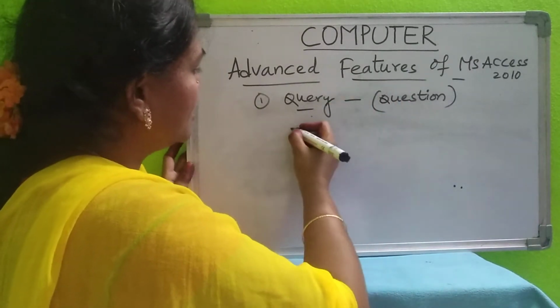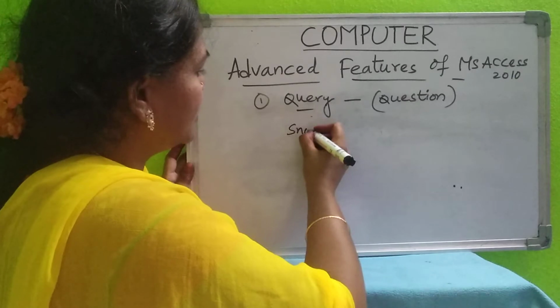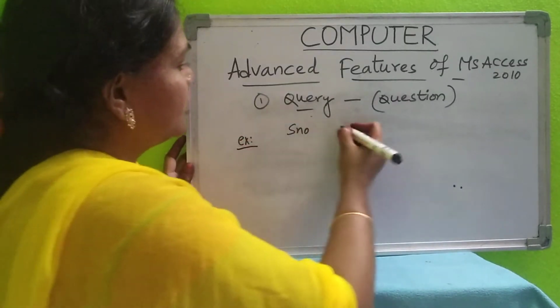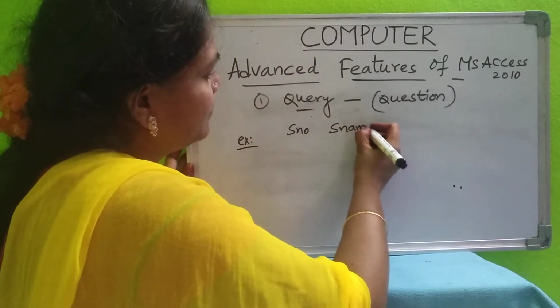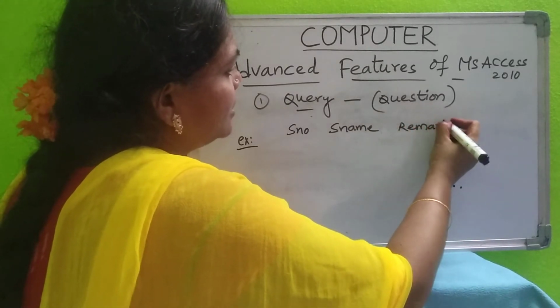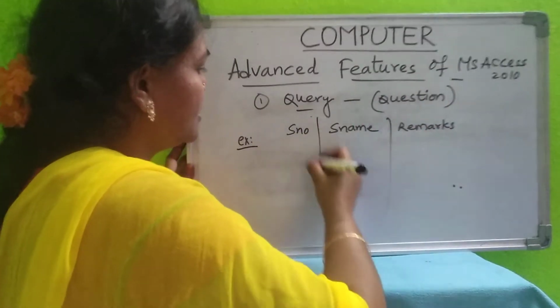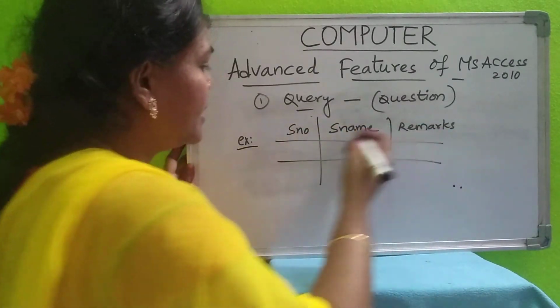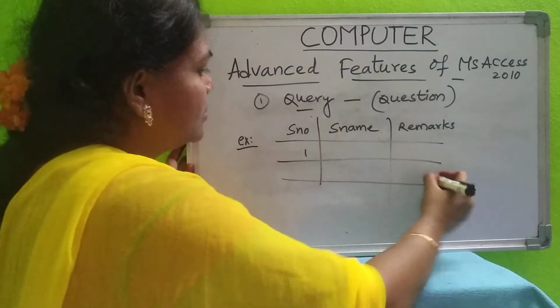Suppose in the table, for example, I am giving student number, student name and some remarks. Just for example I am writing this table here. Student number 1, 2.